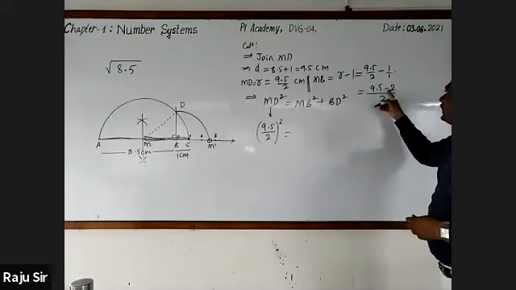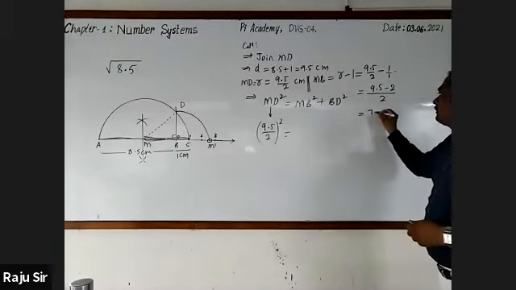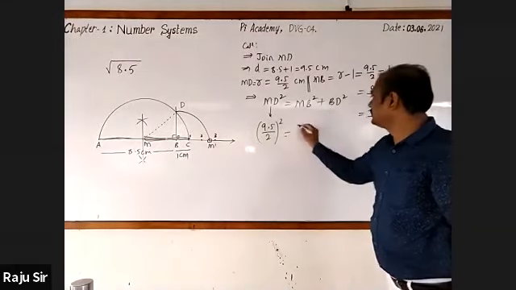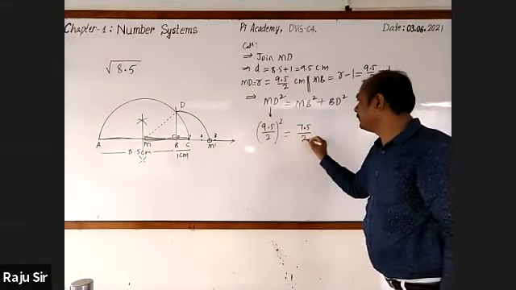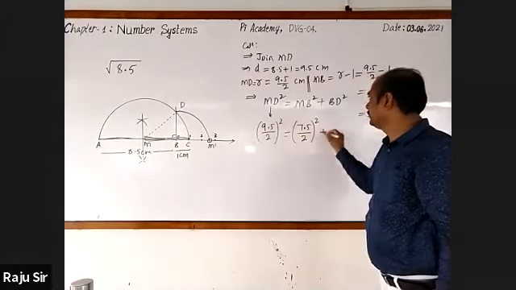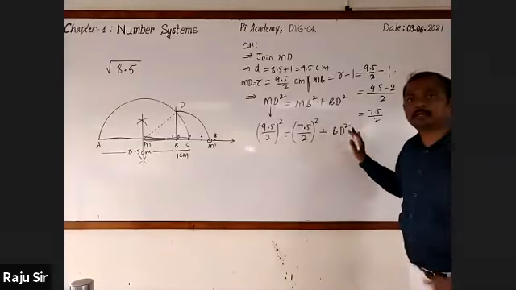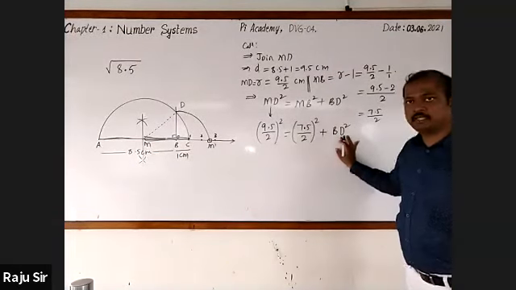Now 9.5 minus 2 is 7.5 by 2. Next, I'll substitute, where MB is 7.5 by 2 whole square plus BD square, which is unknown and going to be found out.